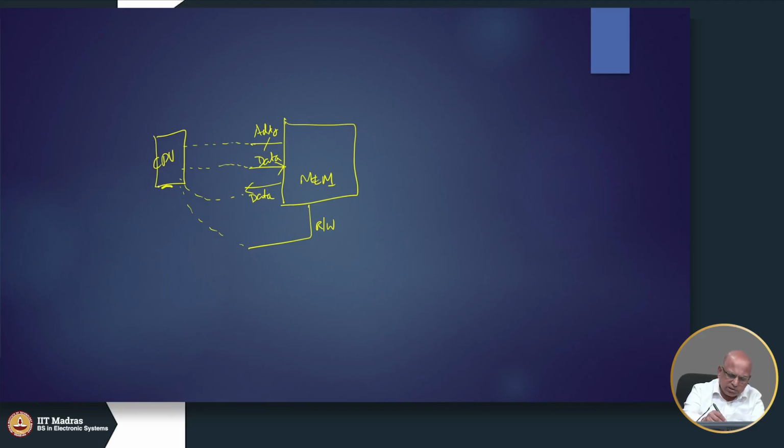But in the memory BIST mode, the BIST controller will produce an address, and the CPU address and this address will be multiplexed.